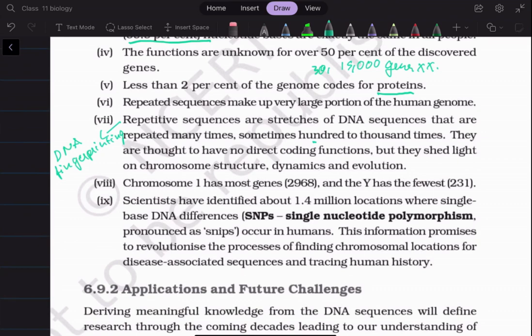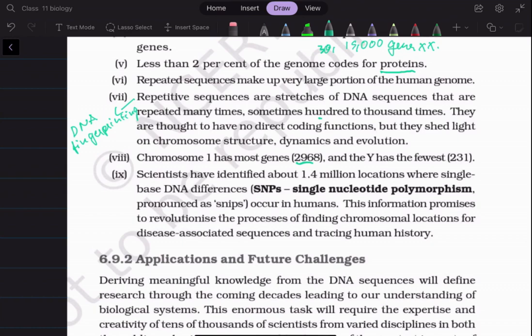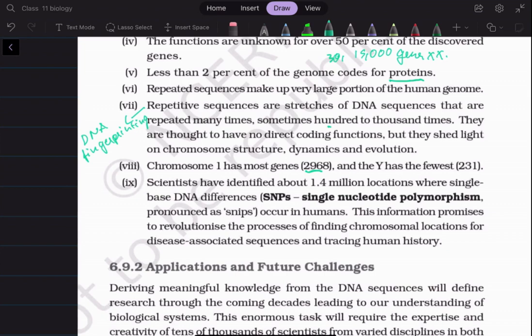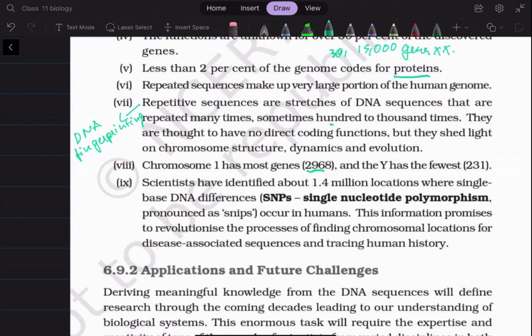Chromosome number 1 has the most genes, about 3,000, whereas the sex chromosome Y has the fewest genes, only 231. And scientists have noticed in our genome, at about 1.4 million locations, there are differences in a single base, and these are called single nucleotide polymorphisms or SNPs.